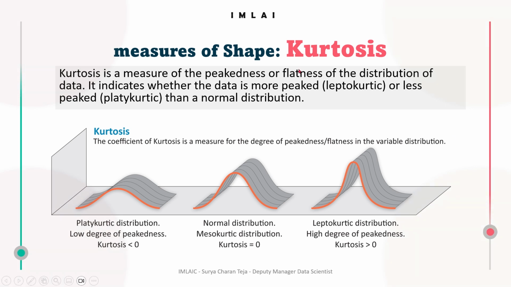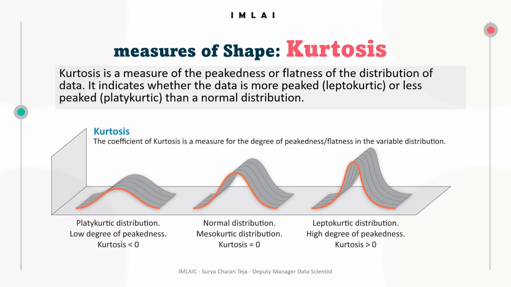And then you have leptokurtosis or leptokurtic. Lepto means narrow, kurtic means bulging. Narrow bulging is called leptokurtic. A data set with positive kurtosis greater than 0 is called leptokurtic, which means it has heavy tails and is more peaked in the center compared to a normal distribution.